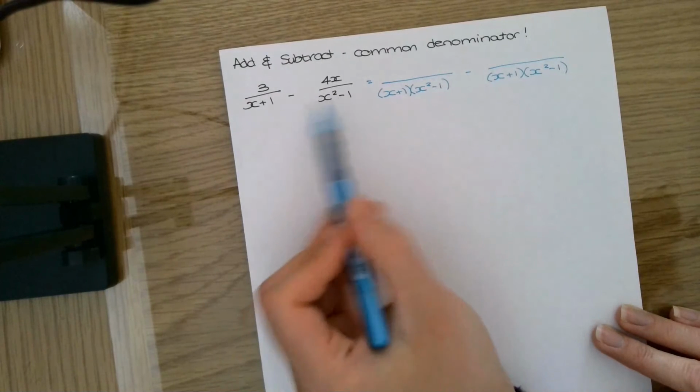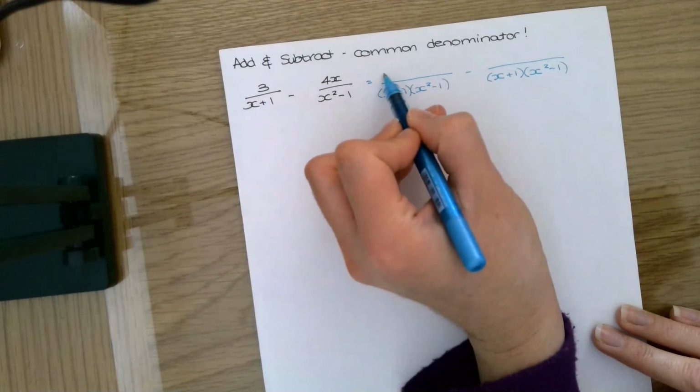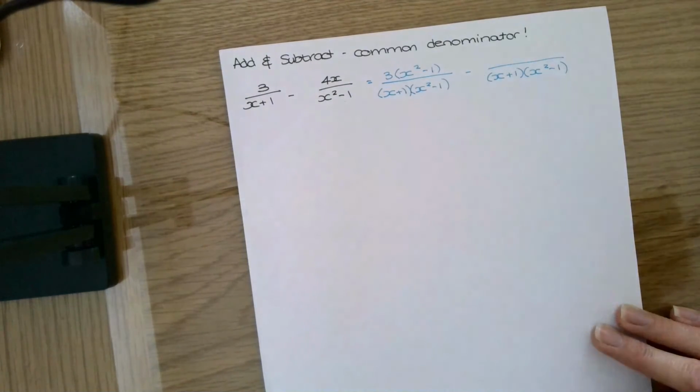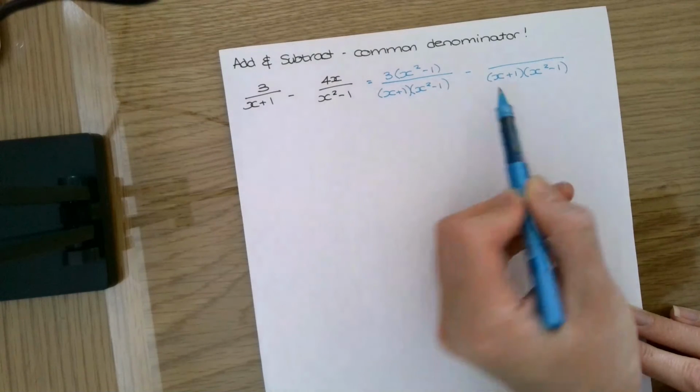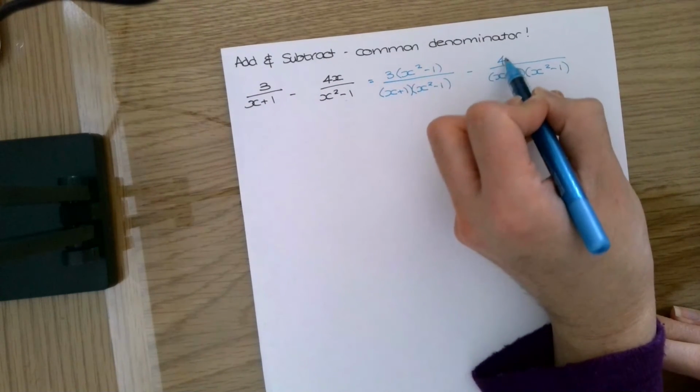This fraction, I've multiplied the denominator by this, so I need to multiply the numerator by that. Second fraction, the denominator has been multiplied by x plus 1, so the numerator has to be multiplied by x plus 1 as well.